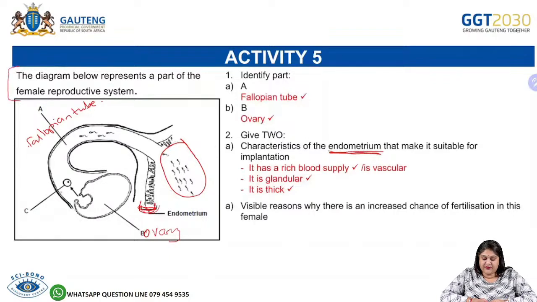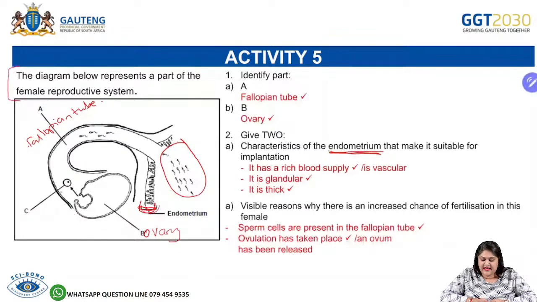Give 2 visible reasons why there's an increased chance of fertilization in this female. Okay, what are 2 visible reasons? So what can you see? Fertilization cannot occur if the sperm are not in the fallopian tube, right? Yes, so remember, the fallopian tube is the site of fertilization. So firstly, there are sperm cells in the fallopian tube.